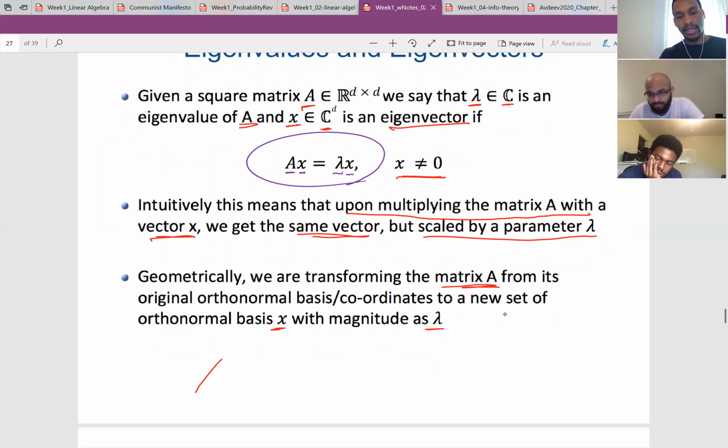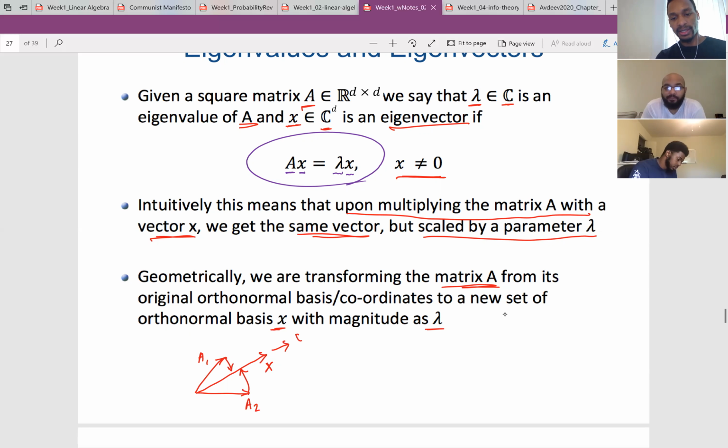So if we think of A as representing some basis with vectors like this, A1, A2, let's say it's 2 by 2, and you have some vector X. What's basically happening is we're not scaling, but transforming the matrix from its basis into this sort of smaller dimensional basis that is then scaled by some lambda. Let me have a different color maybe.